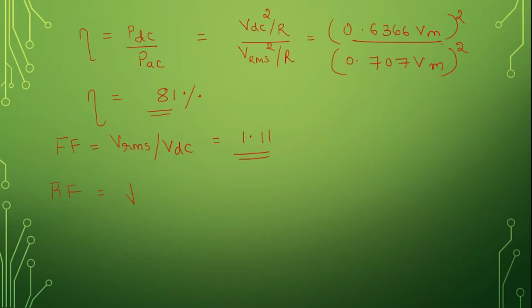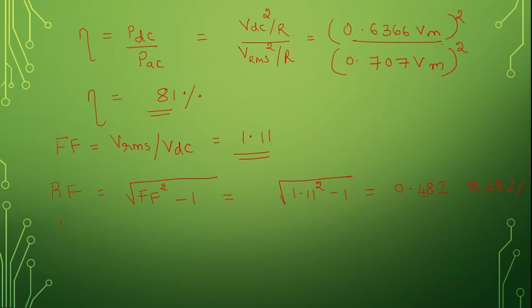Ripple factor is the square root of form factor square minus 1, that is 1.11 square minus 1, which gives us 0.482, or in percentage 48.2%. Our peak inverse voltage is nothing but 2 Vm.